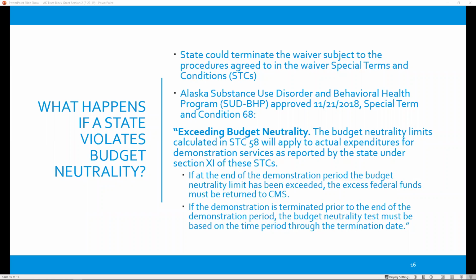There's a requirement that if you offer benchmark benefit packages to certain populations, then you have to comply with Title 27 of the Public Health Service Act, where the mental health parity language is. And there's also a separate requirement that Medicaid managed care organizations, these are the risk-based managed care plans, which you don't have in Alaska right now, also have to comply with mental health parity. But there's nothing in Section 1902.